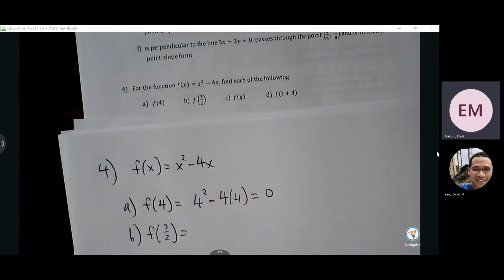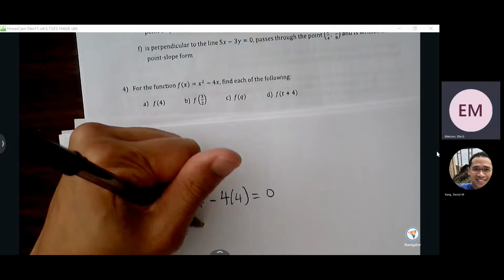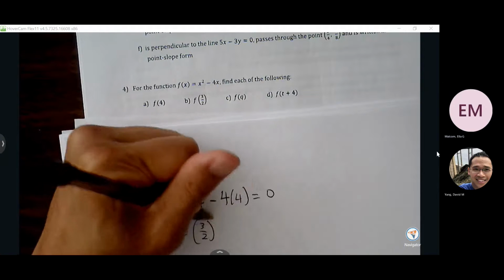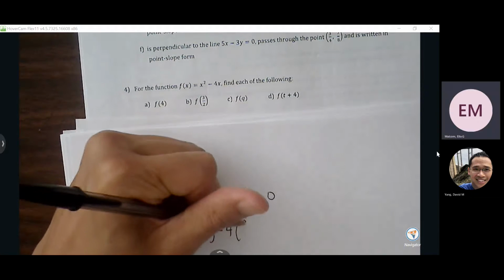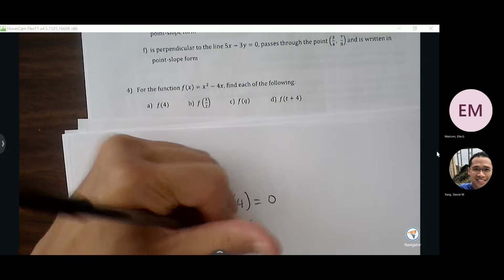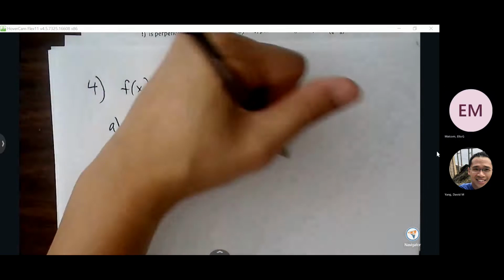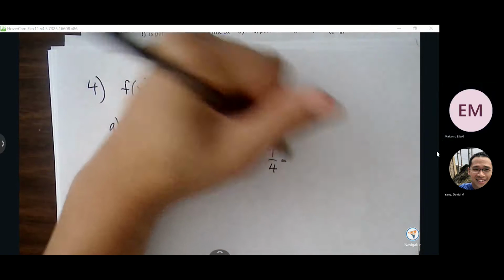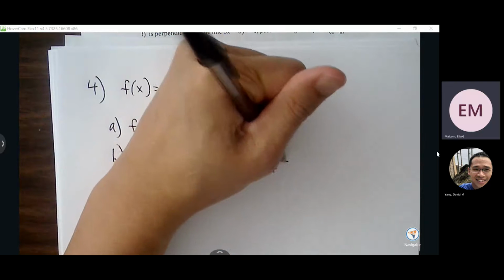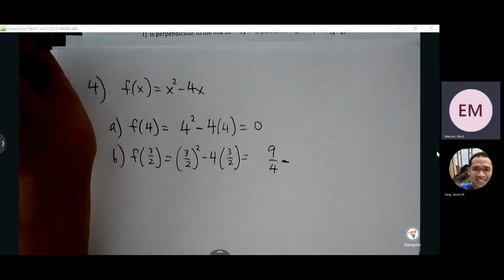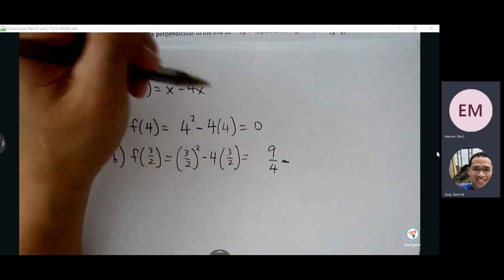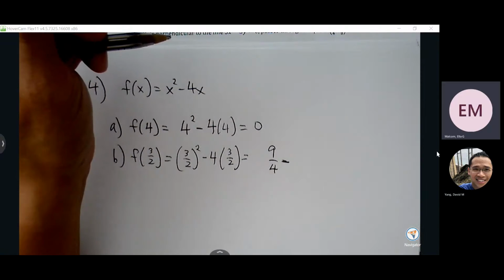Next one is 3 over 2 squared minus 4 times 3 over 2. So 9 over 4 minus, could I cancel out to be like 4, 2, and so then it would be minus 6?